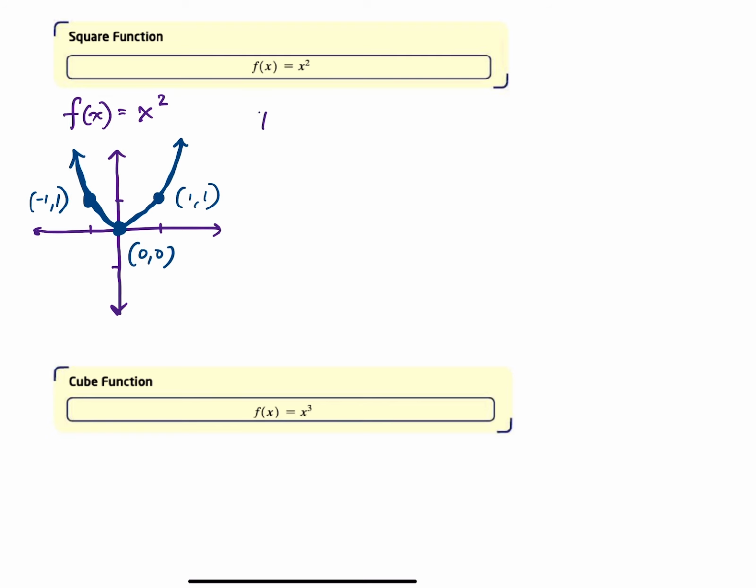All right, the domain. This will also be negative infinity to positive infinity. And that'll be true for any polynomial. You can plug in any real number and get a real value output. And how about the range? Well, the graph doesn't begin until 0 and then goes off to positive infinity.